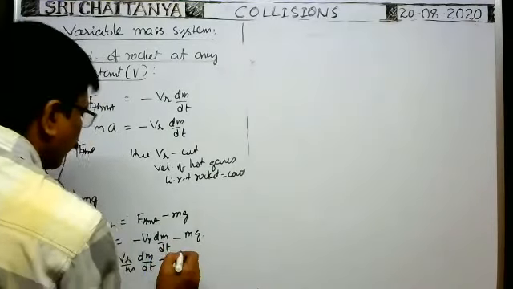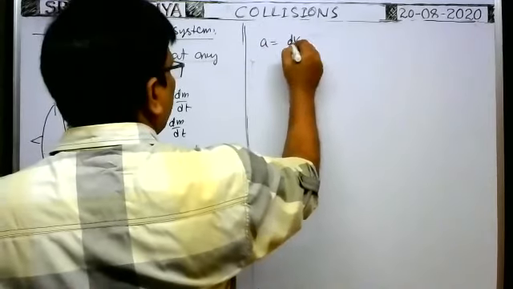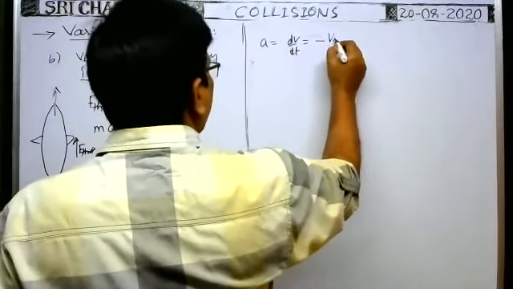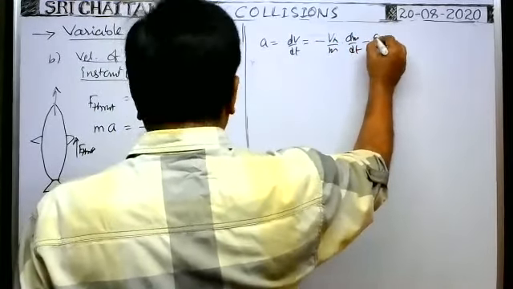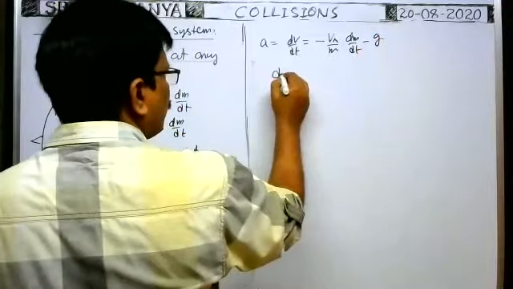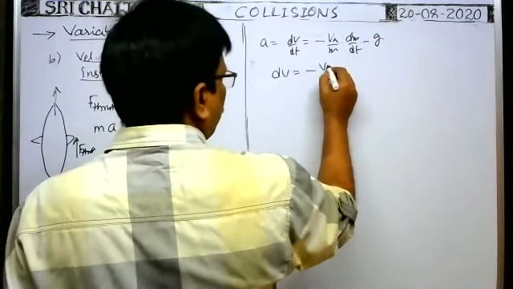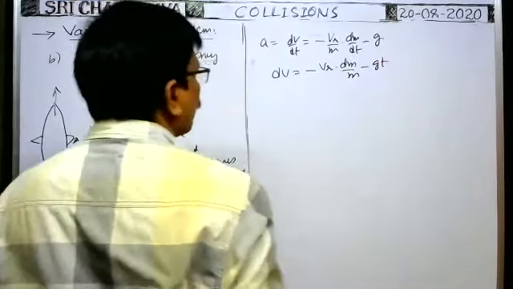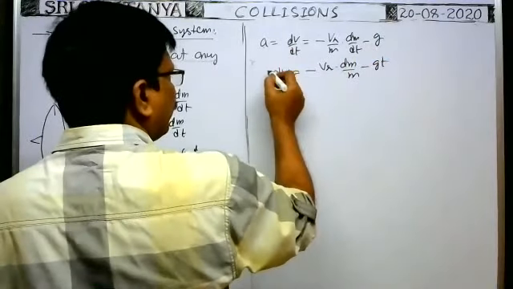A can be written as dv by dt, the rate of change in velocity of the rocket, which is equal to minus Vr by m into dm by dt minus g. Or multiplying by dt, dv is equal to minus Vr into dm by m minus g dt. To obtain the velocity of the rocket at any time, we do integration.